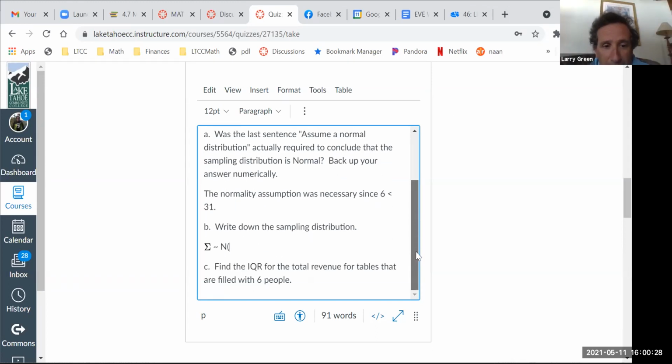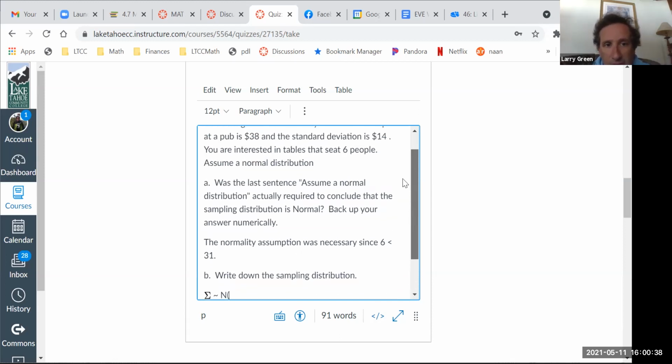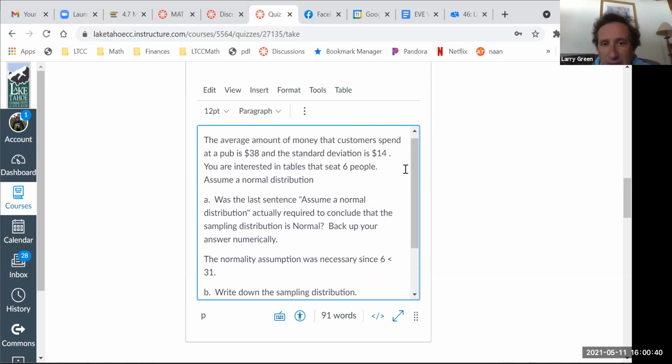Now, again, if we're looking at the total, because that's what this question is about, find the IQR for the total, then what is the sampling distribution for the total? How do we calculate it? So what's the formula if you want the sampling distribution for the total? Because that's what we're going to need for part C. Do you remember? Okay.